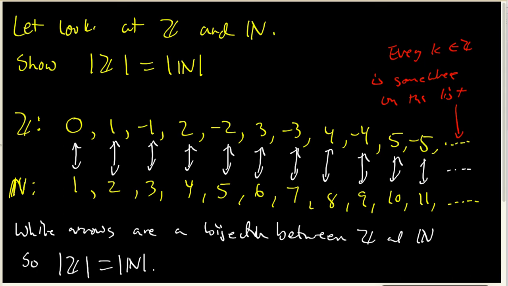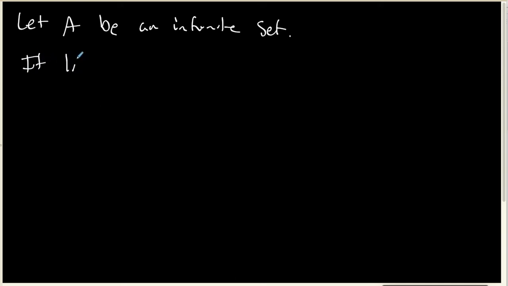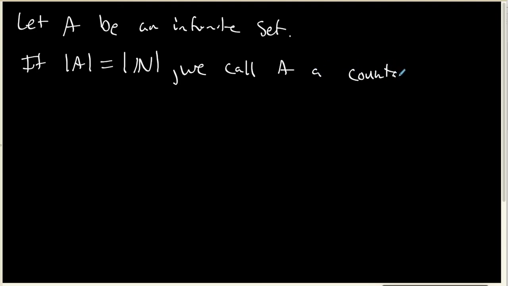And that gives rise to the following definition. Let A be an infinite set. If it turns out that the cardinality of A is equal to the cardinality of the natural numbers, we call A a countable set.